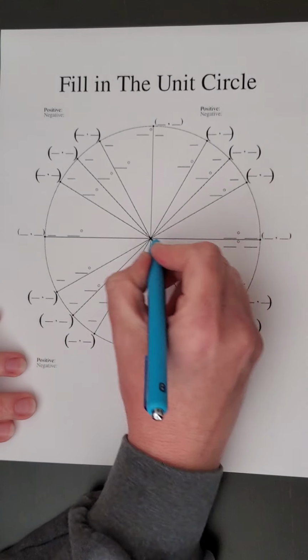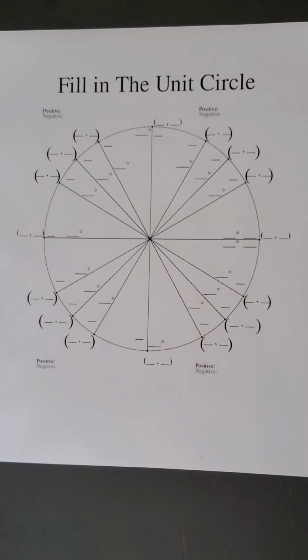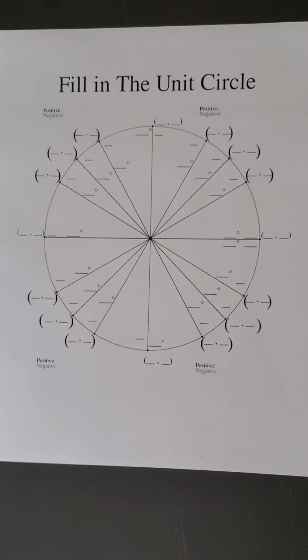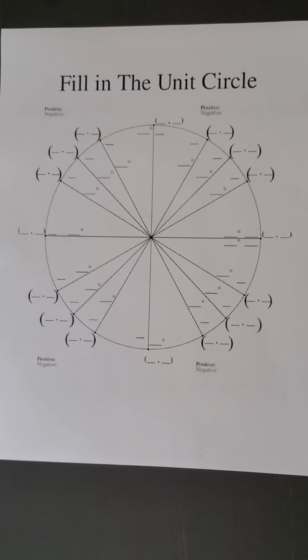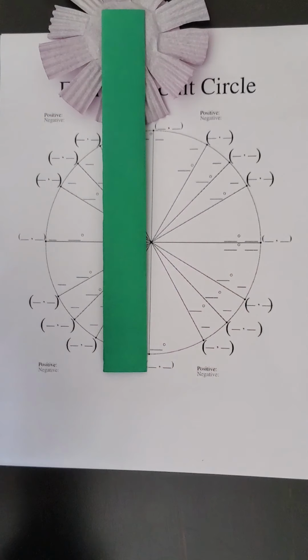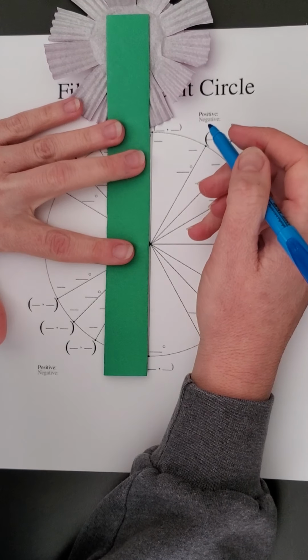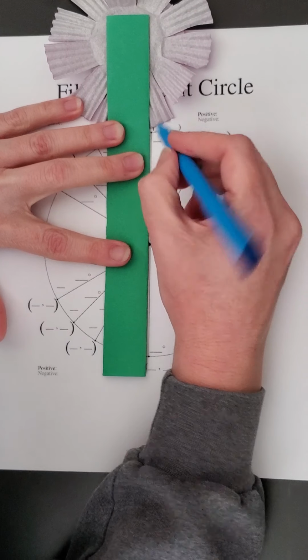So we start off right here. Here's my x-axis, right? Here's my y-axis. I'm going to go ahead and highlight those. I don't know if I have a ruler. Let me look. I don't think I do. And so I will use this straight edge right here so that we can have our x and y-axis clearly labeled.